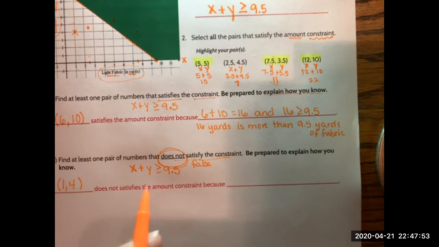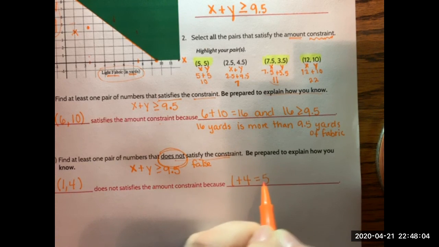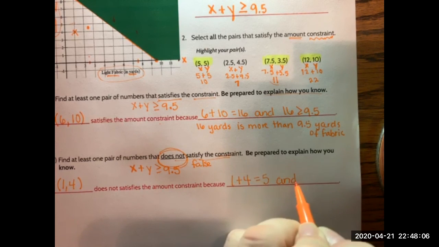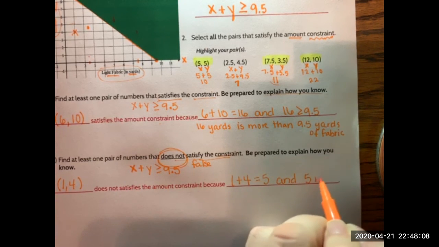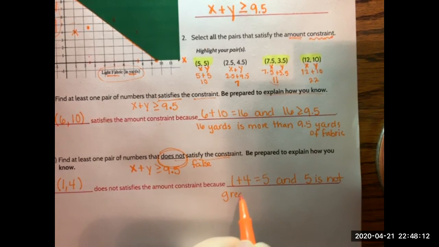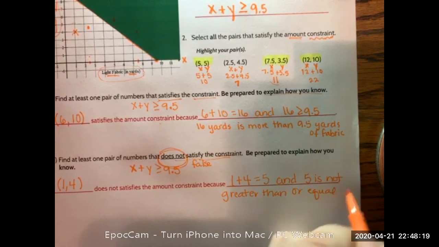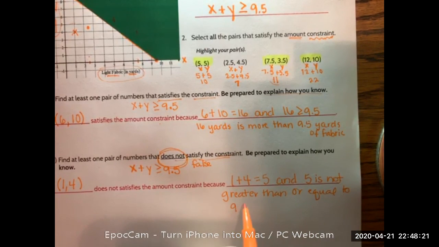So let's think about, we're using x plus y has to be greater than or equal to 9.5. 1 plus 4 equals 5, and 5 is not greater than or equal to 9.5.